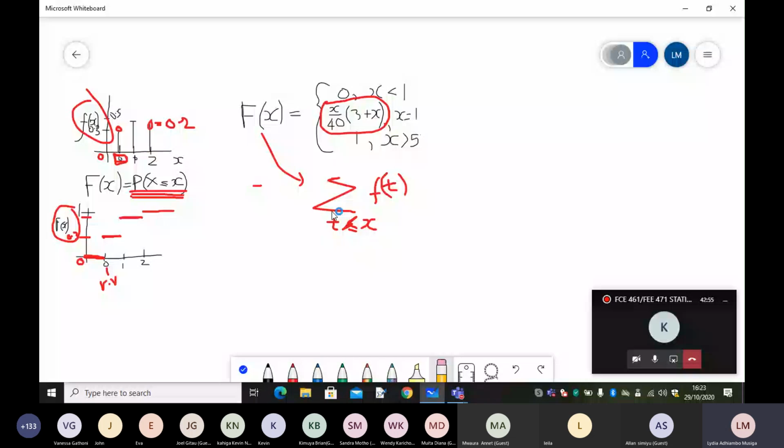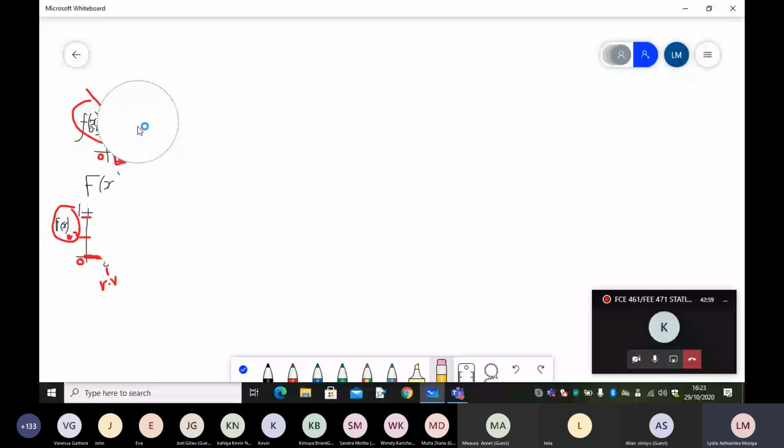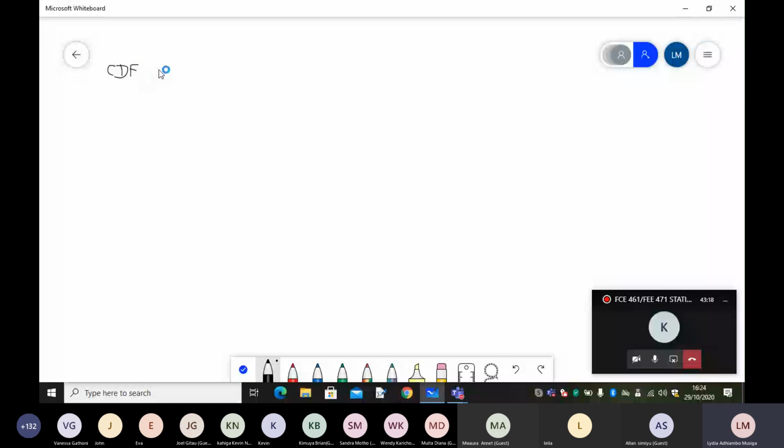Now let us consider the continuous case. The cumulative distribution function for the continuous random variable.